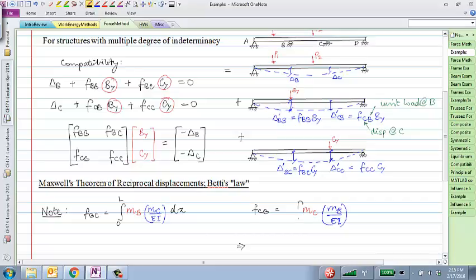And of course, I integrate that from 0 to L dx, and clearly these two expressions are exactly the same.